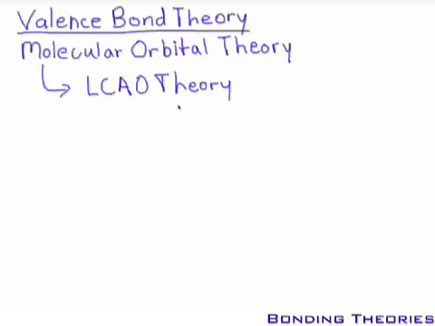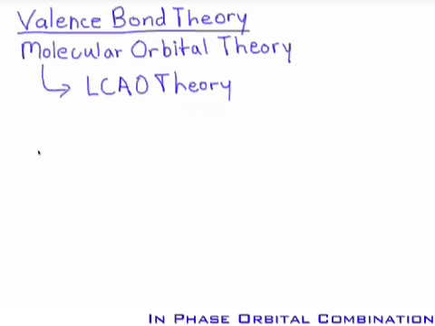We've already established that these orbitals are derived from wave functions. When we overlap them, what are we doing? We're adding waves. We're adding waves in the same fashion that we did in the opening of this lecture. So they can add in phase or out of phase.